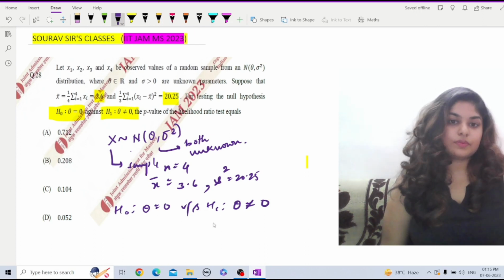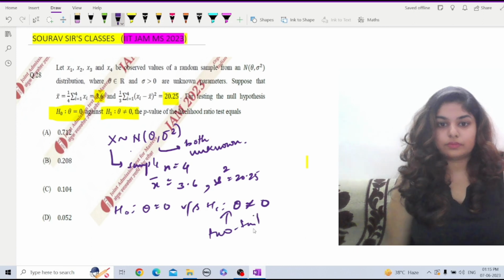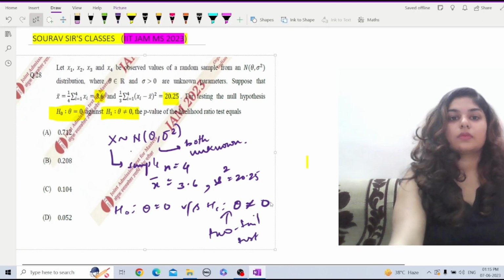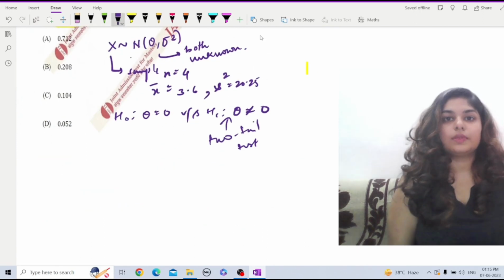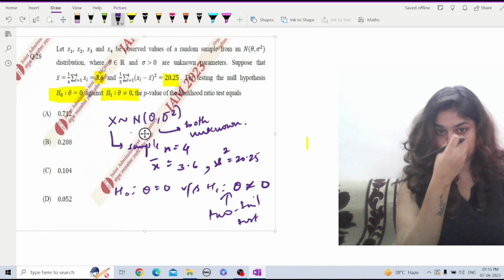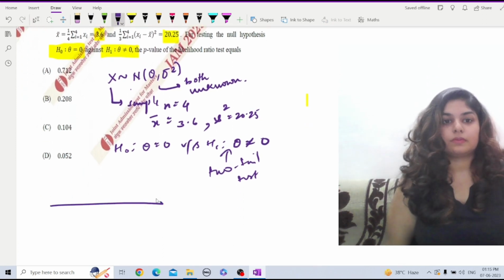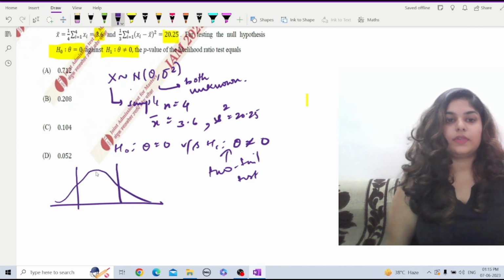So basically this is a two-tailed test. Two-tailed test means it looks like this. Right, so what is the test value here?